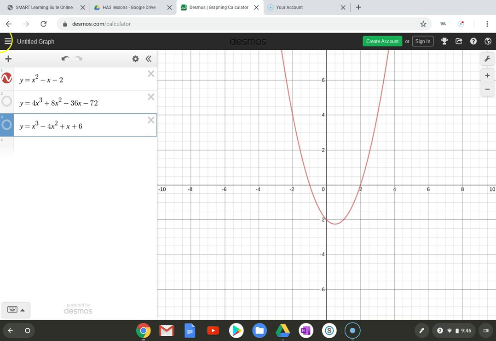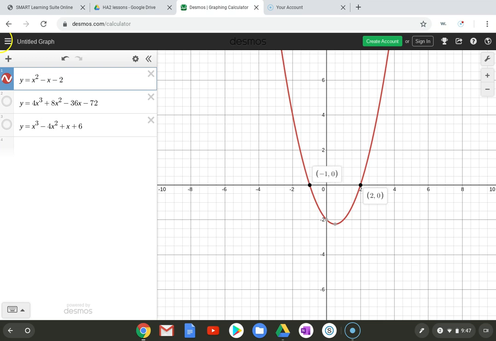And if you look, we have two x-intercepts. So I have one at (-1, 0), and I have another one at (2, 0). So we're going to relate our x-intercepts to our factors. Remember, if the x-intercept is at x equals -1, the factor would be x plus 1.